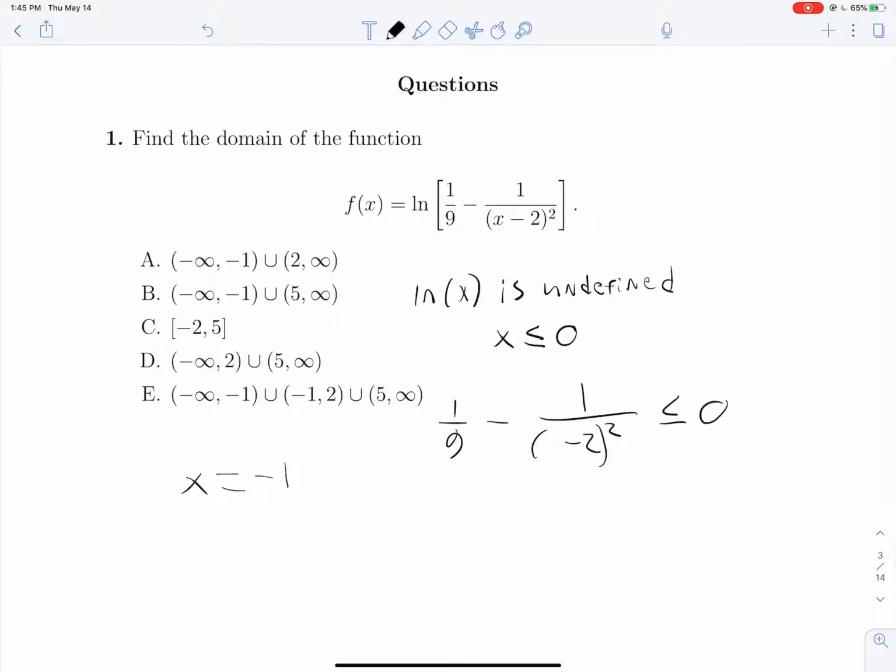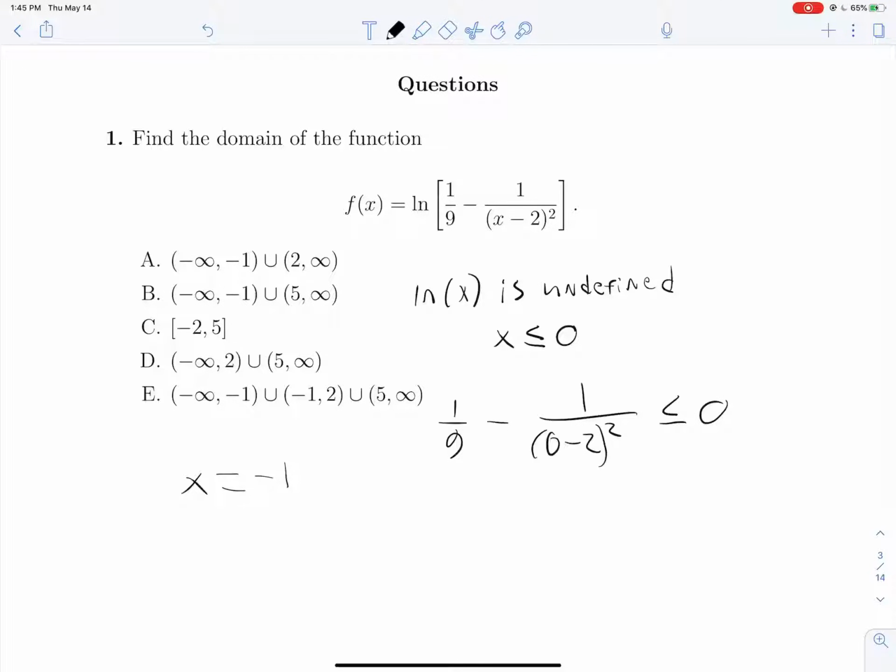What about something like x is equal to 0? Well, then we get 1/9 minus 1/4. Sorry, I blanked for a second there.